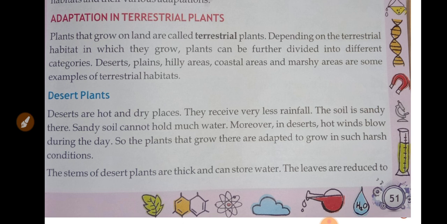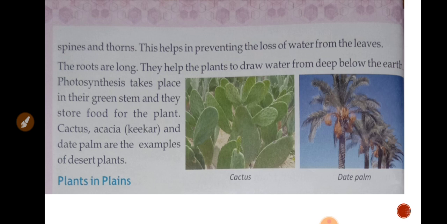The stem of the desert plants is thick and can store water, and the leaves are reduced to spines and thorns. Okay, my dear, what is the reason for that? This helps in preventing the loss of water from the leaves, because there is less rainfall, and it is a hot place, and sand also does not store so much water.